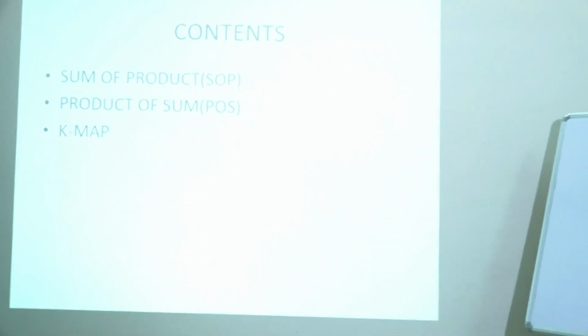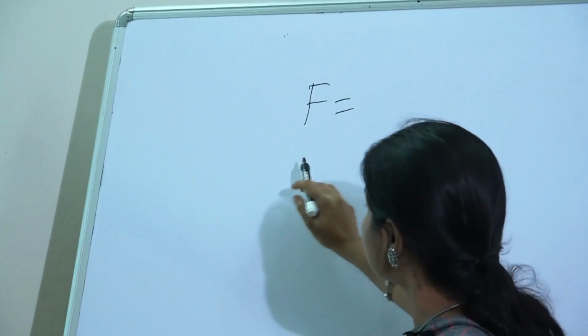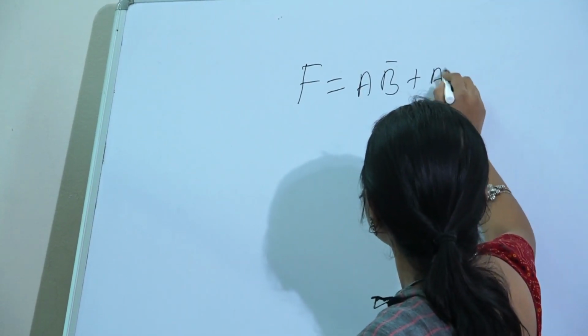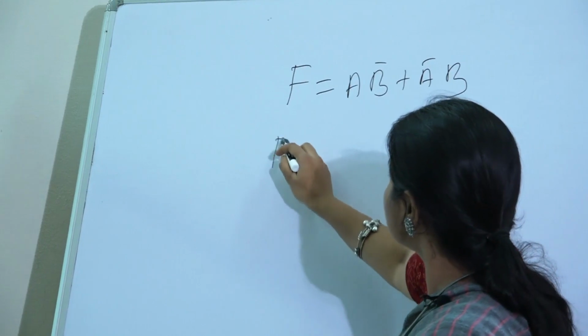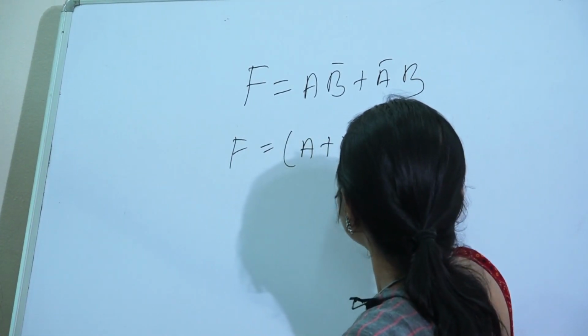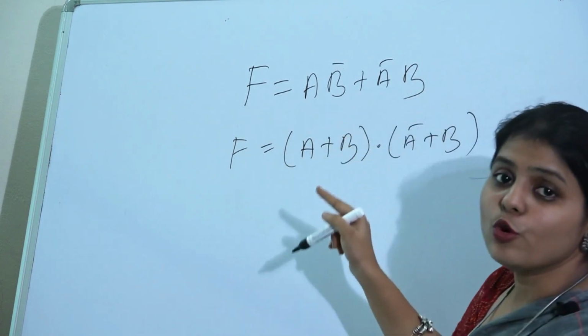Yesterday we saw an example of a Boolean function. Let's say I take f as the Boolean function; I may write it as a b bar plus a bar b, or I can also write it as (a plus b) into (a bar plus b). Okay. So these two are different Boolean functions.